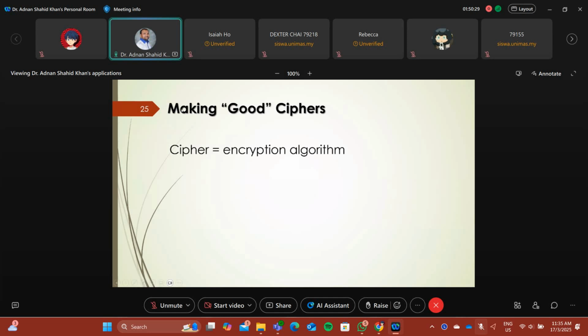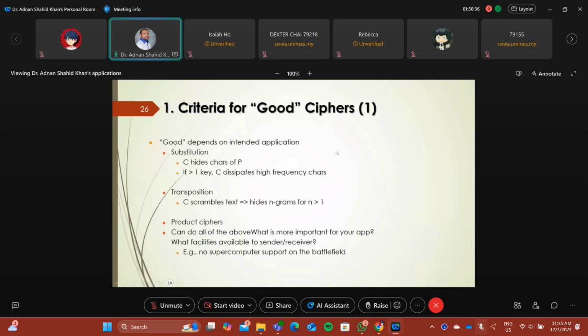How to make good ciphers? A cipher is an encryption algorithm. A good cipher depends on the intended application. With substitution, C hides the character of P. If there is more than one key, C dissipates the high frequency of characters. So it depends.